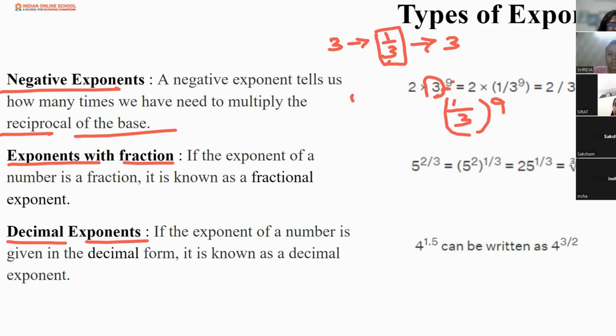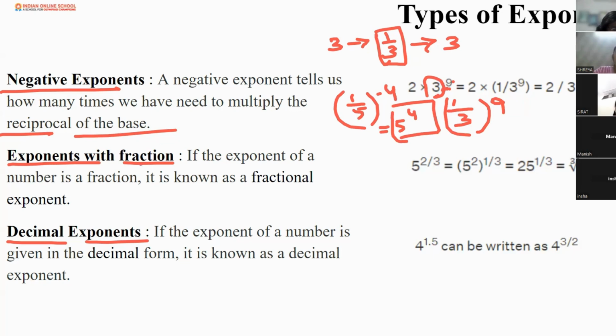One more example: suppose I have 1 by 5 to the power minus 4. This would become 5 raised to 4. So whenever you have a negative exponent, you just reciprocate the base and the exponent turns to a positive exponent. Understood, all of you? A quick nod if you understood. Yes, ma'am. Good.